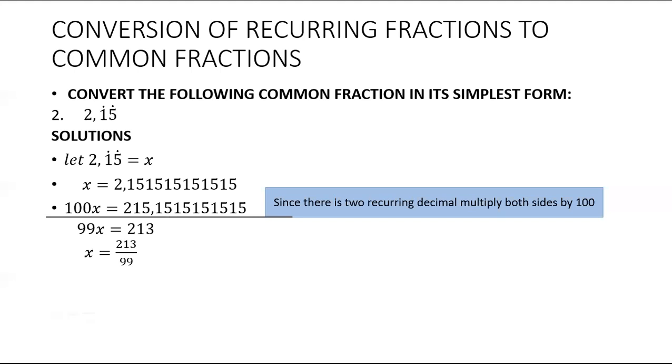Simplify it, you should get that. Put it into your calculator and change it into a decimal. It should give you 2,151515, which you normally abbreviate it or shorten it and write it as 2,15, and on top of the one you put a dot, and on top of the 5 you will also put a dot.